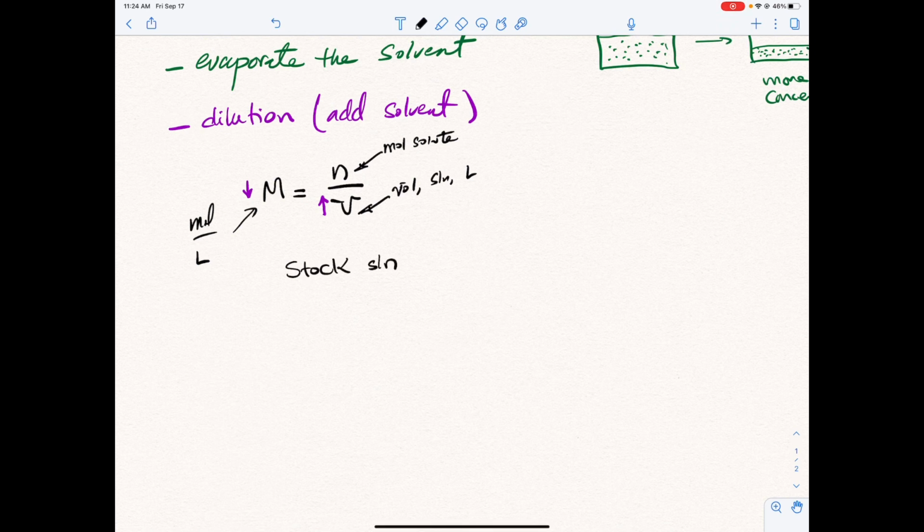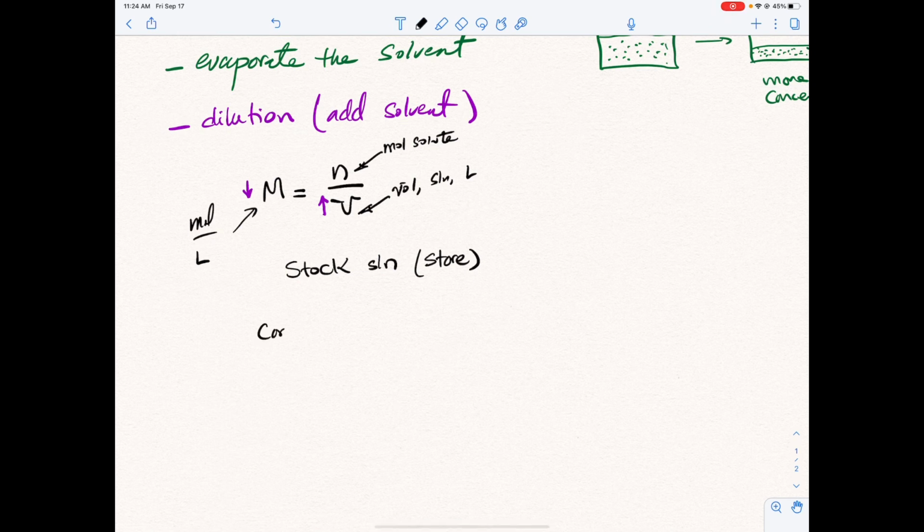The stock solution is what we often store, and this is very practical because you don't want to buy a solution that's less concentrated. Let's say if it's a water-based solution, you're paying for shipping and you're getting a solution that's mostly water, and it's going to cost a lot more money than buying something that's more concentrated, and then you dilute it down.